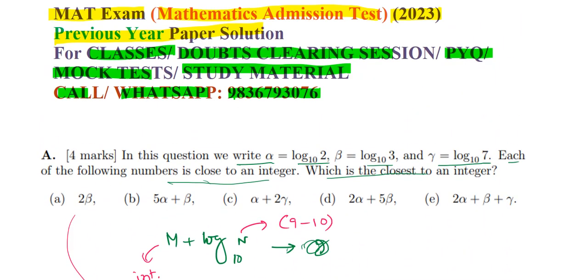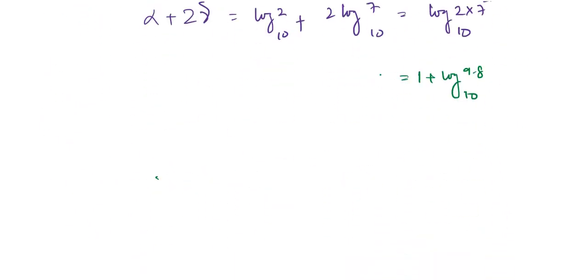The next option is 2 alpha plus 5 beta. So how can I solve? 2 alpha means 2 into log 2 base 10, plus 5 beta means 5 into log 3 base 10.